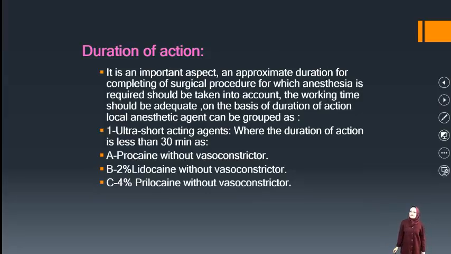Duration of action is an important aspect. An approximate duration for completion of the surgical procedure for which anesthesia is required should be taken into account. The working time should be adequate.